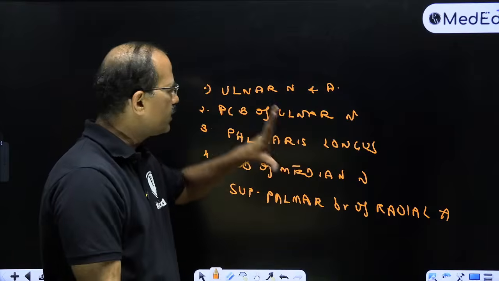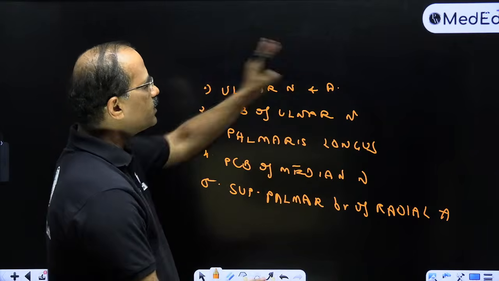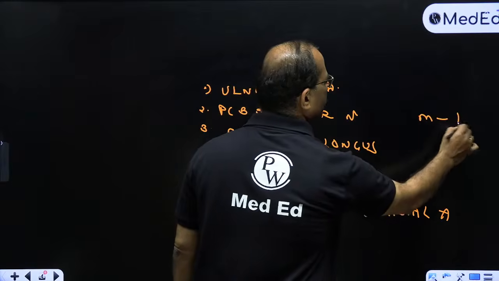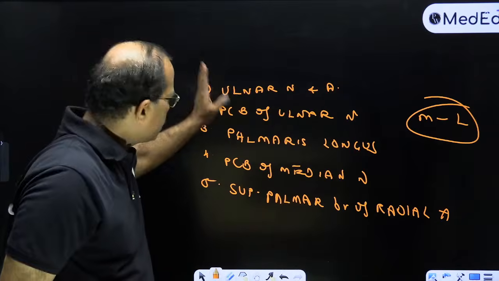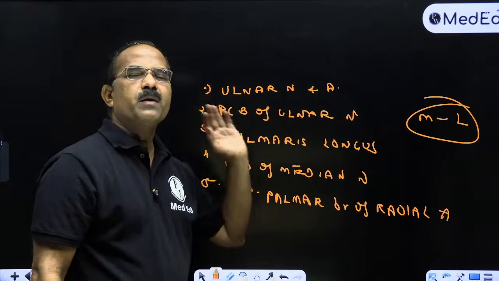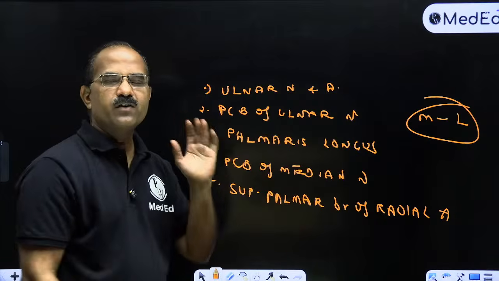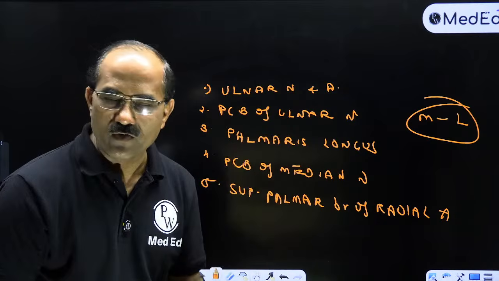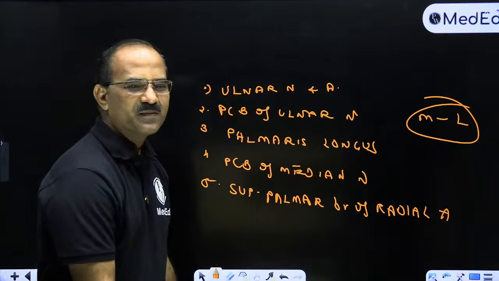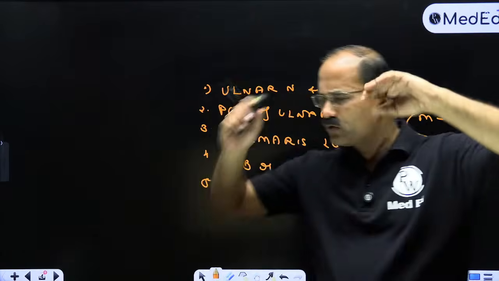This is very important. Remember, the sequence of structures passing above the flexor retinaculum is medial to lateral. The most medial is the ulnar nerve and artery, then the palmar cutaneous branch of the ulnar nerve, then the palmaris longus, then the palmar cutaneous branch of the median nerve, and the most lateral is the superficial palmar branch of the radial artery. Fine, Sanvi? Fine. So just remember this, kids.